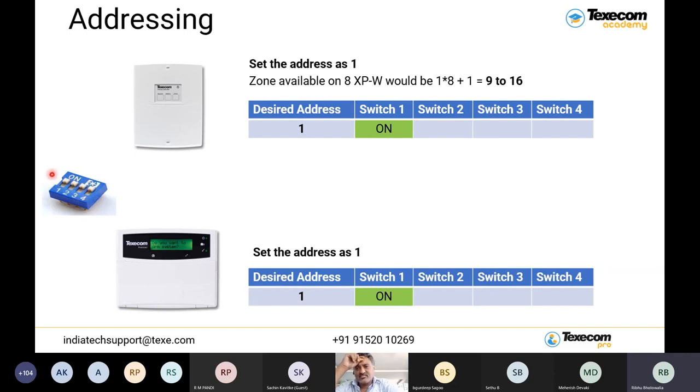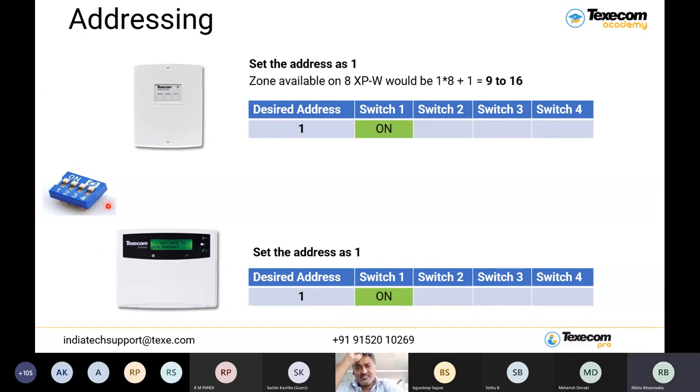Here in the image it is showing all are up, just for your understanding of how a dip switch looks, but for addressing only one will be on and the rest down. So it will take address number 1, and zones 9 to 16 will be assigned to the zone expander. Now come to the keypad. The keypad should also have address number 1 in the same manner.